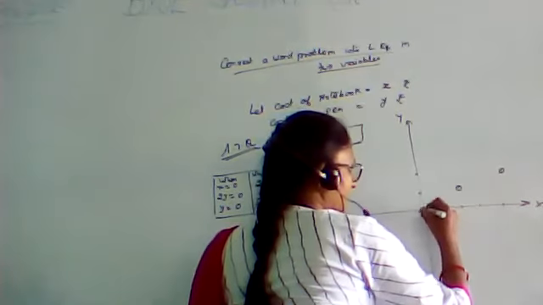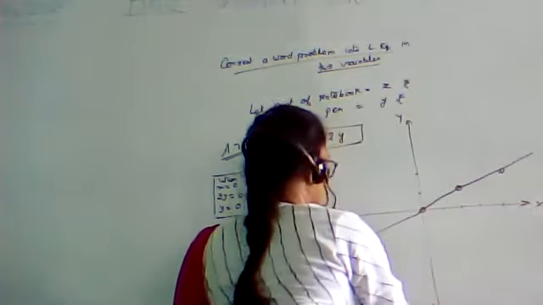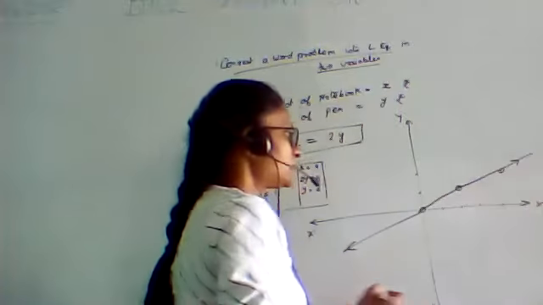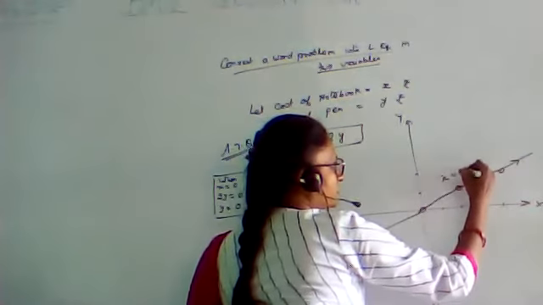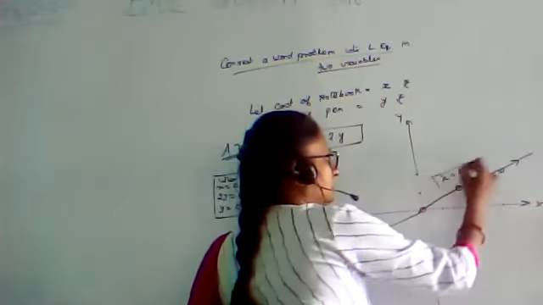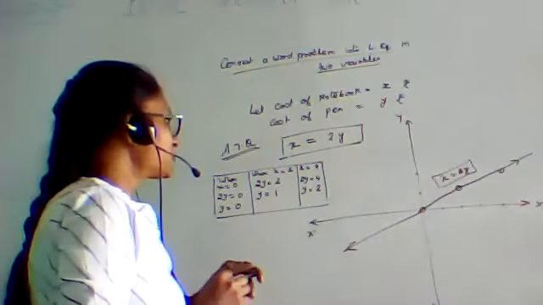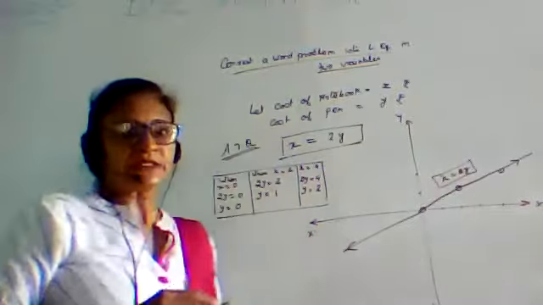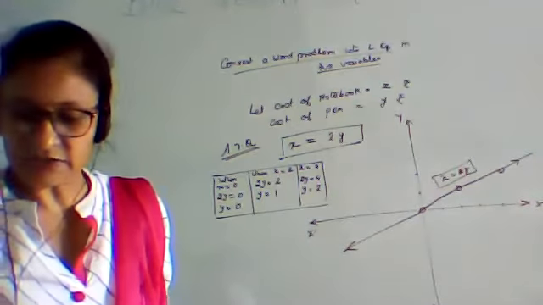And if you join all these points, the graph looks like this. It means this is the equation x is equal to 2y, and according to the question we have formed the linear equation like this. This is the way how to form the linear equation according to the situation.